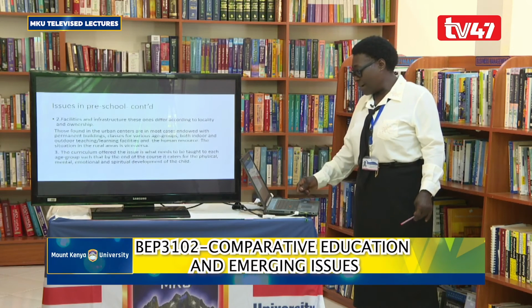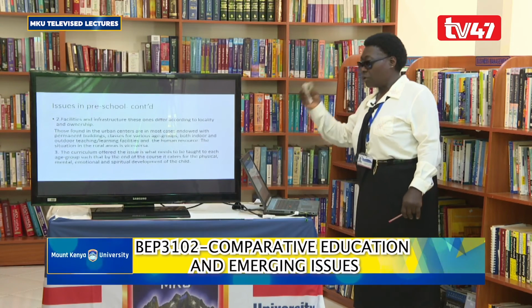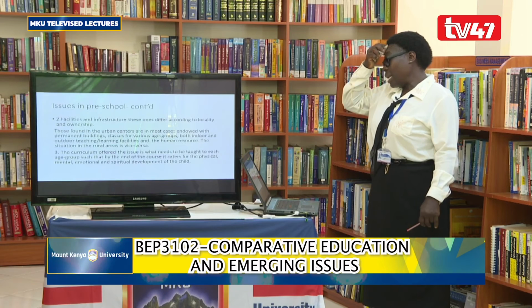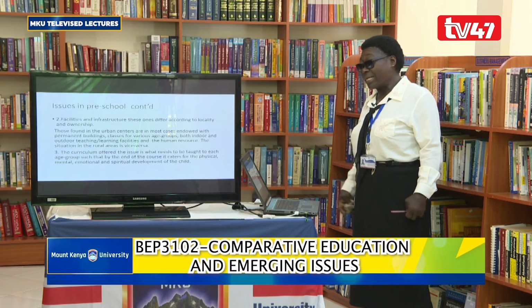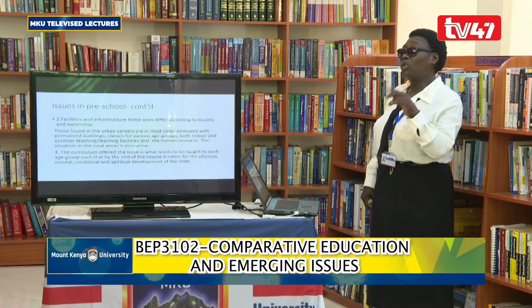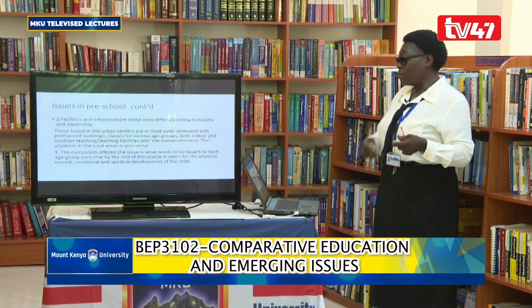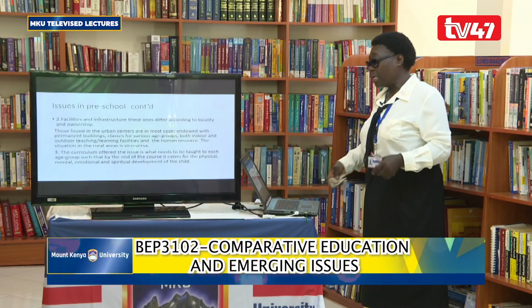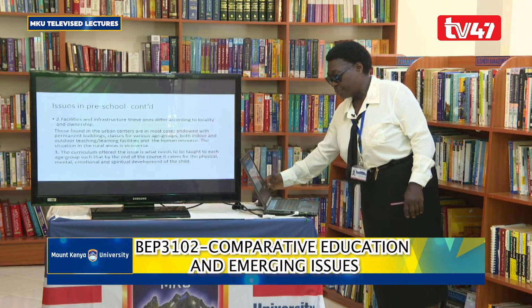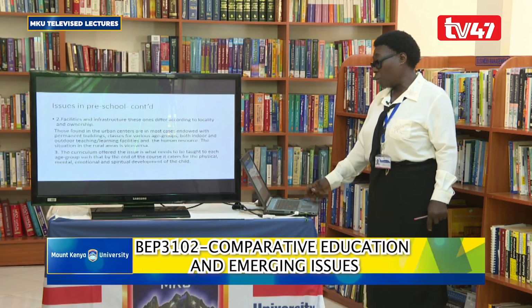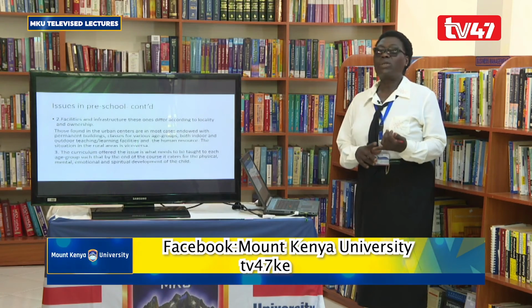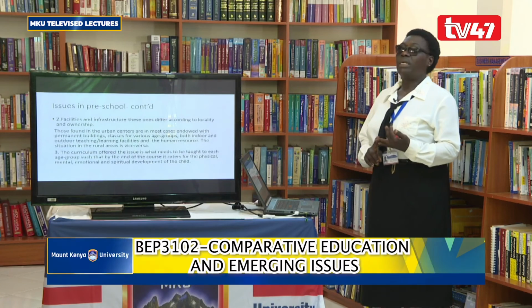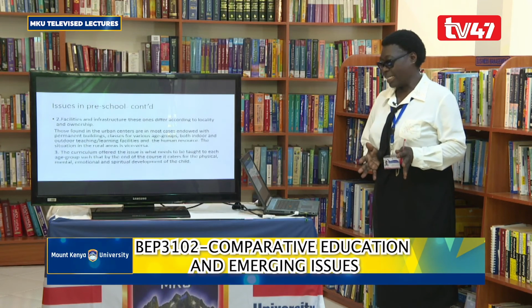And therefore you can imagine that we take these children to class 1, the ones who learn in the urban centers and the ones who learn in the rural areas, and we put them in one class when they join standard 1. And you can agree with me, those children are exposed to very different environments. The curriculum in preschools is an issue because if you mix a 2-year-old with a 5-year-old, surely you cannot teach them the same content.